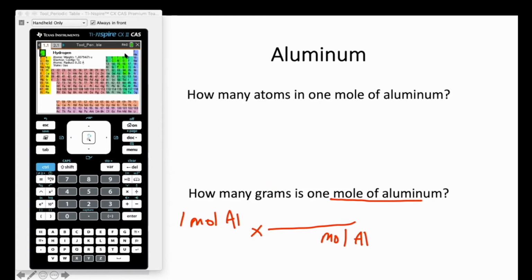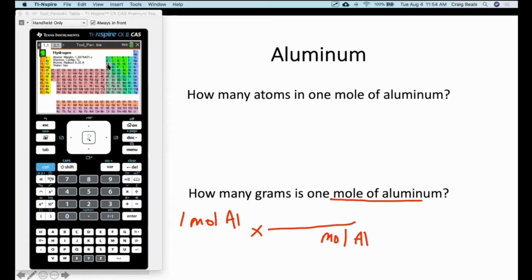Instead, I have to go over here to the periodic table. So if we find aluminum, we're going to click right there, and I can see the atomic weight. Now, the atomic weight tells us something about the weight of the atom, but the great thing about this mole concept, it also tells us how many grams are in 1 mole, which means 1 mole of aluminum is equal to that number up there, 26.98 grams.